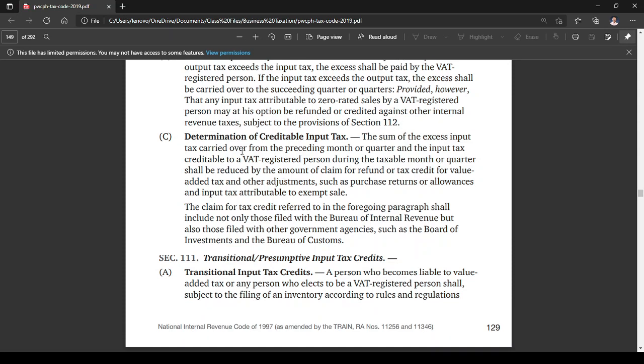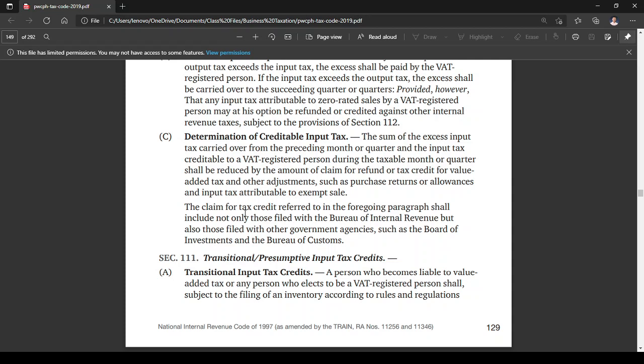So, determination of creditable input tax. The sum of the excess input tax carried over from the preceding month or quarter and the input tax creditable to a VAT registered person during the taxable month or quarter shall be reduced by the amount of claim for refund or tax credit for value added tax and other adjustments such as purchase returns or allowances and input tax attributable to exempt sales.